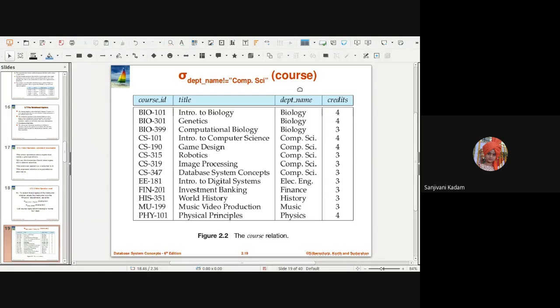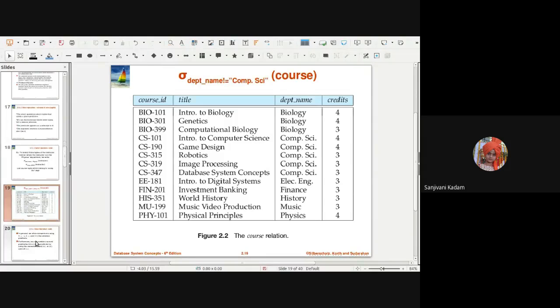SQL select has a different meaning, and this select belongs only to the relational algebra. It is just a coincidence, a matter of history, that the two keywords are similar but have different perspectives in relational algebra and SQL.